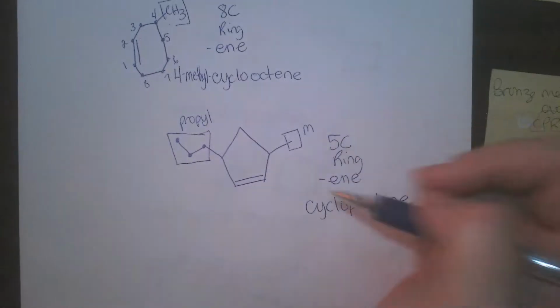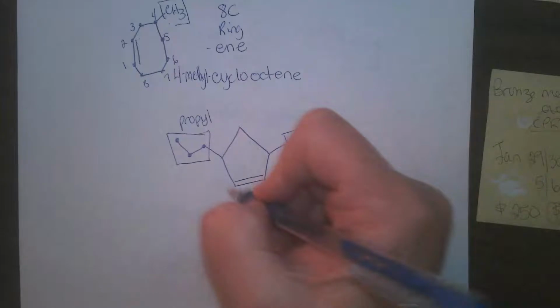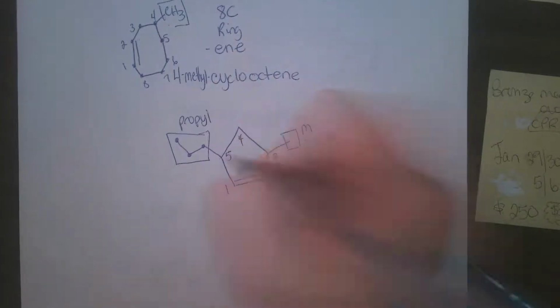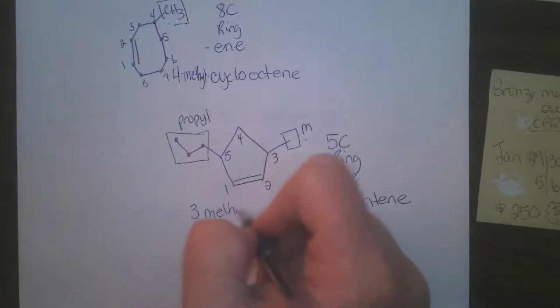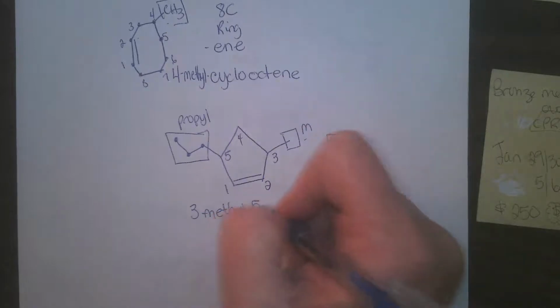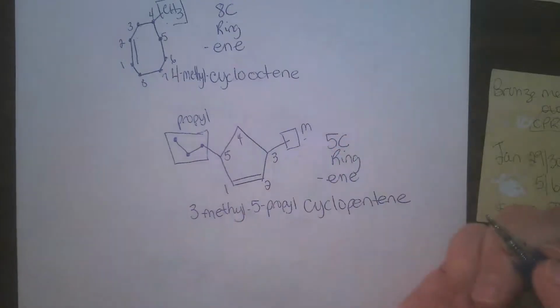Shortest way, including the chain to the first group, M comes before P, so we're going to go 1, 2, 3, 4, 5. So we're going to have 3-methyl, 5-propylcyclopentene.